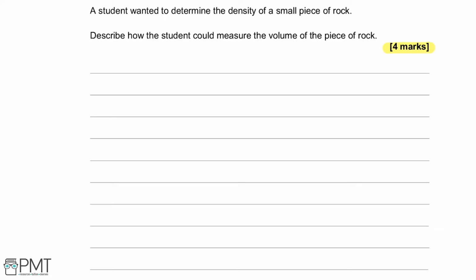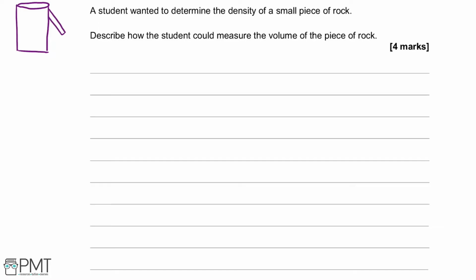So, one thing that you definitely need to know for this question is about a Eureka can. So I'm just going to draw one in the corner. So a Eureka can looks a bit like this. It's a can, obviously, and it has a little spout in it.